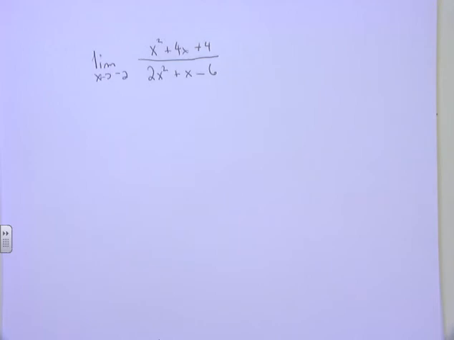So I'm going to throw in some extra examples of this because this is the most important aspect of limit. It's that 0 over 0 case.